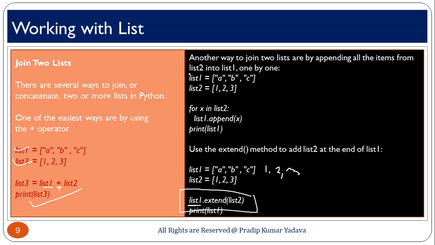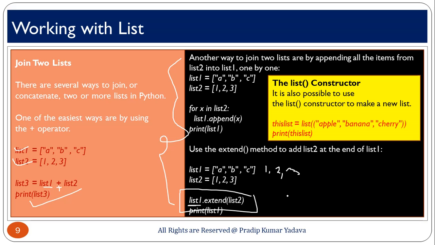So, there are three methods for joining two lists: the plus operator, the append method and extend. And also we have the list constructor. Somewhat this can be difficult for you, because here you have to focus more on the brackets. Otherwise, if you want to join two lists, I prefer the plus operator and extend, which is much better and easy also.